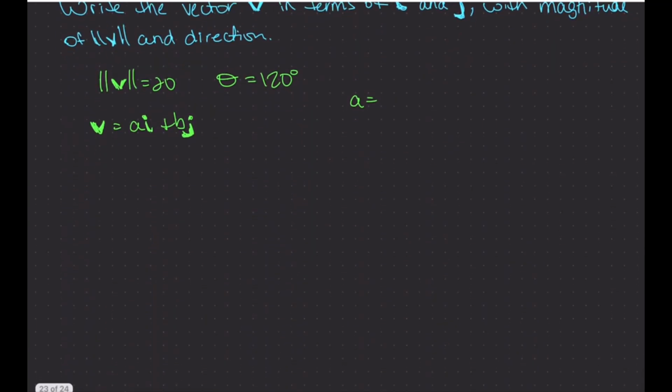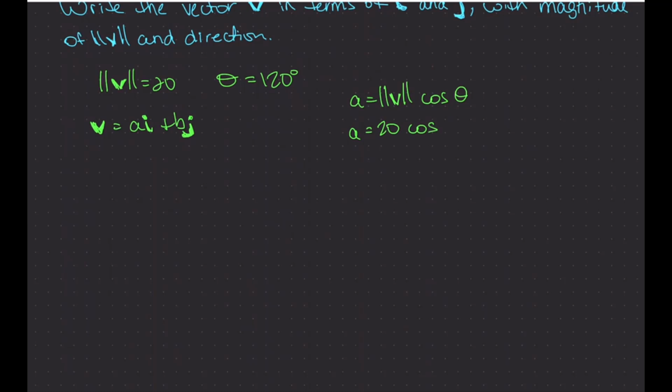So this was our magnitude of v times the cosine of theta, right? So A equals, what's our magnitude? 20 times the cosine of theta.